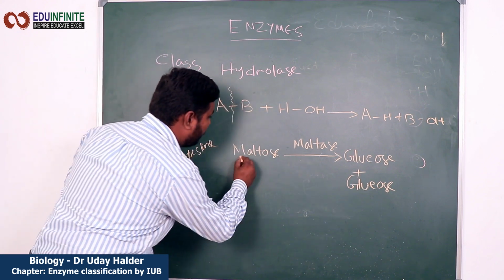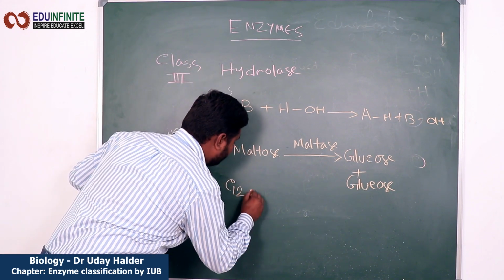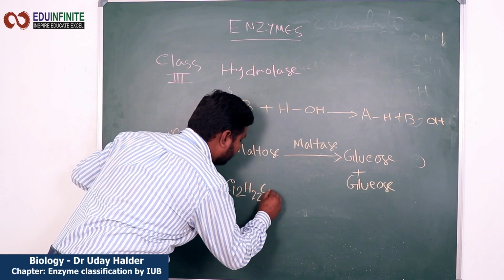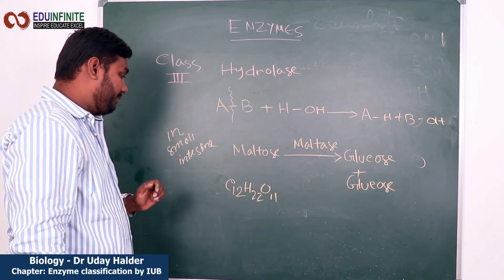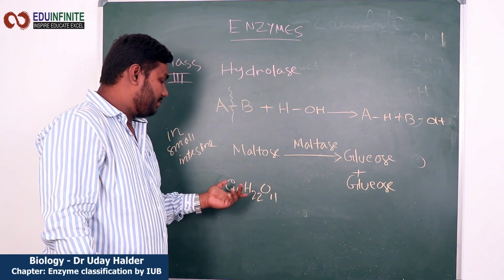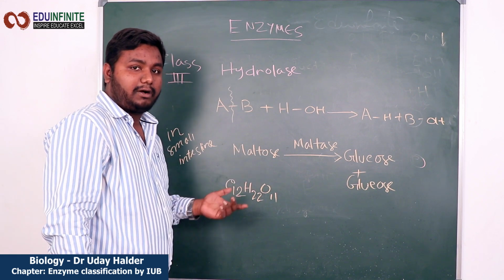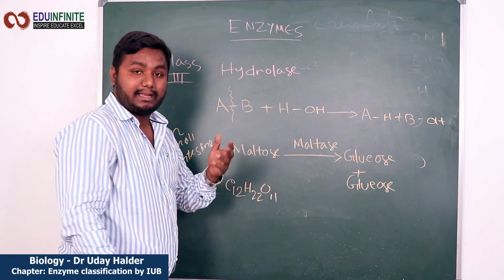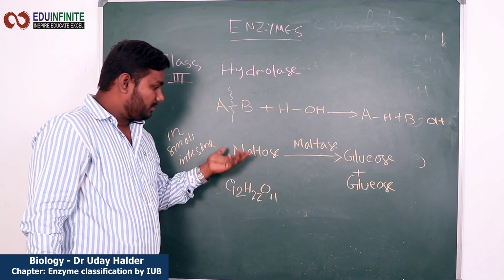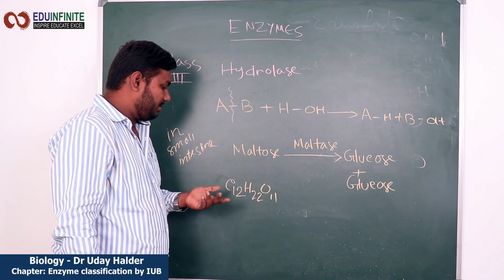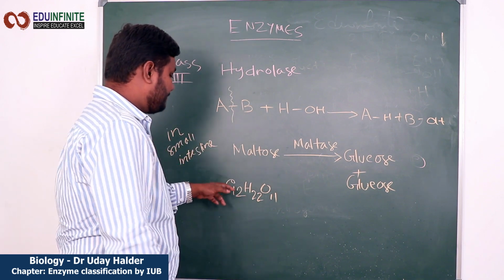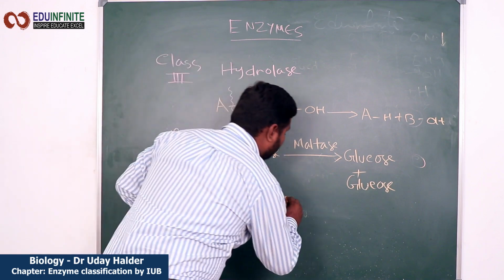I'll do the reaction. The formula for maltose is C12H22O11. And I hope you guys are smart. This looks surprisingly like the formula of cane sugar. Yes, maltose has the same formula as cane sugar, C12H22O11.